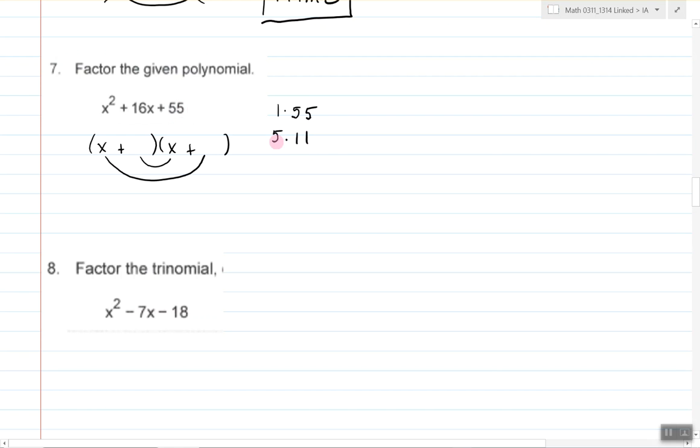What's 5 plus 11? It is 16. I have the right numbers. Because these signs are the same, it does not matter how you write them down. That gives you an outer product of 11x, an inner product of 5x. Yes, that gives me 16x.